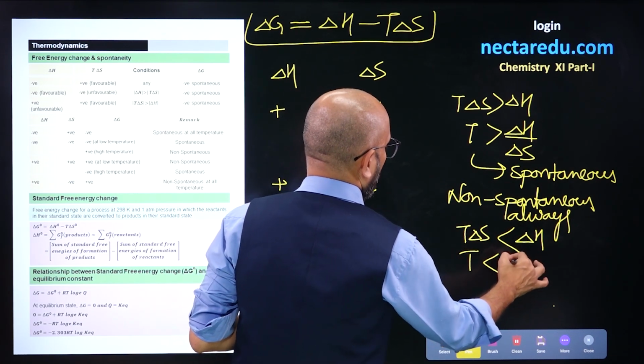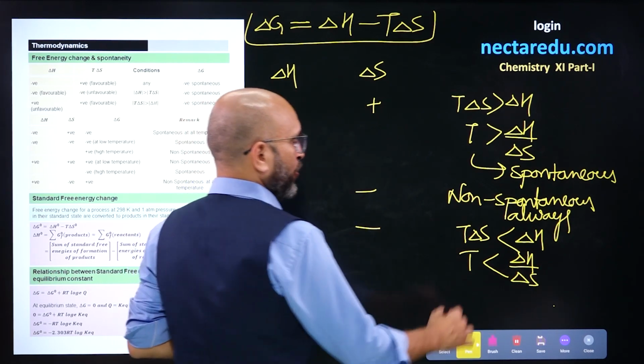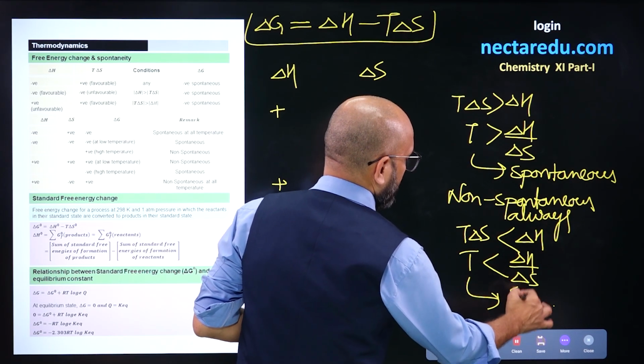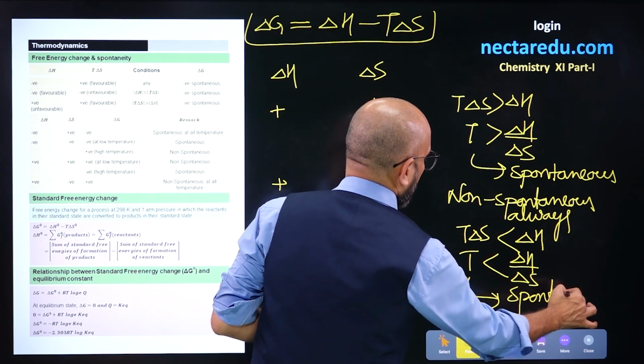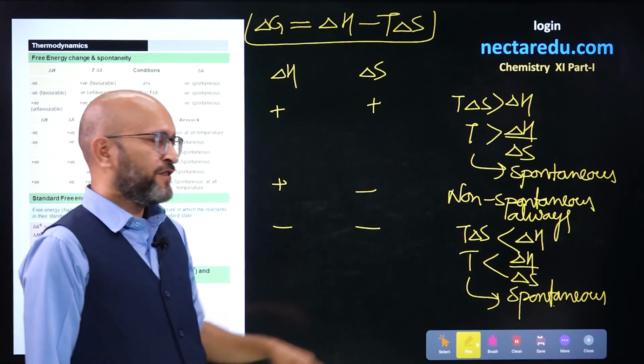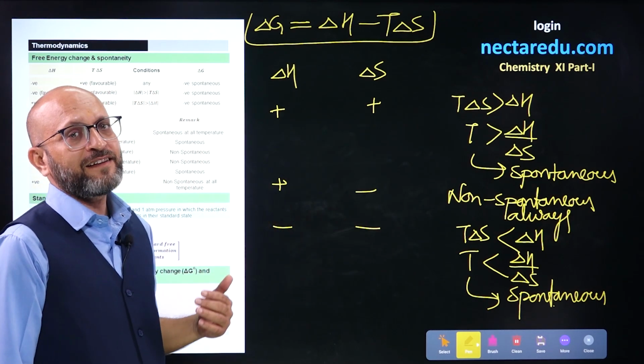At temperature below delta H by delta S, the process will be spontaneous, and above this temperature, the process will be non-spontaneous. Alright.